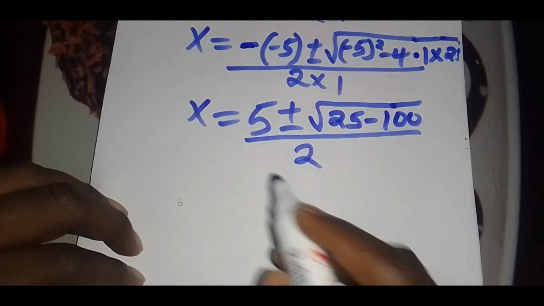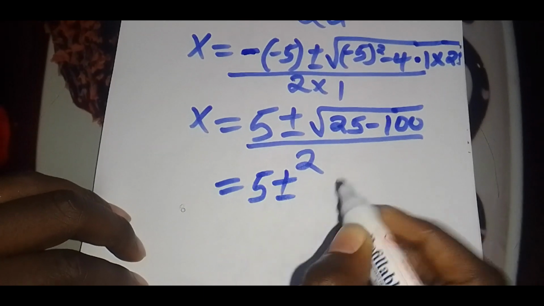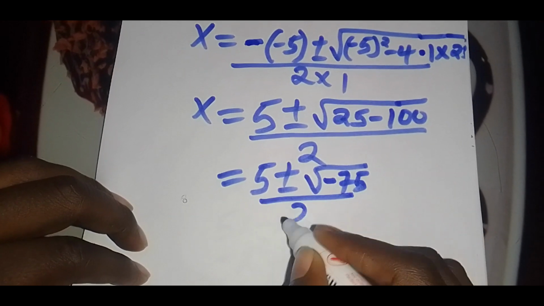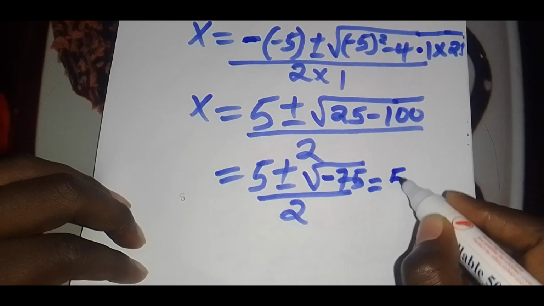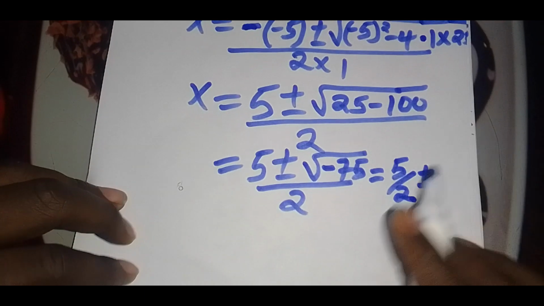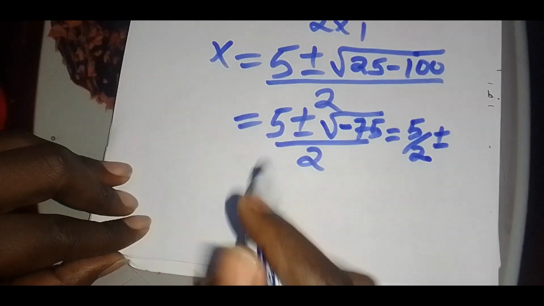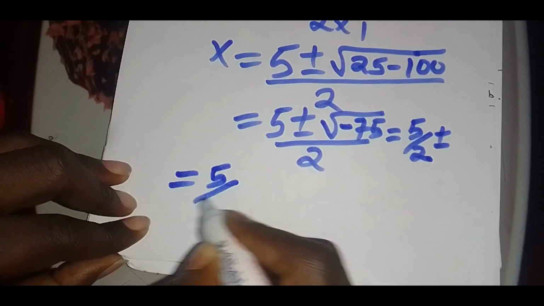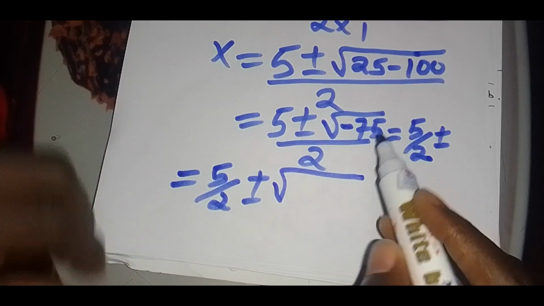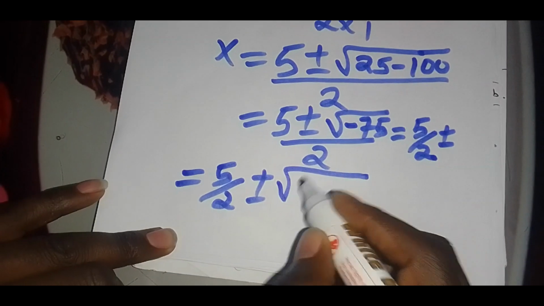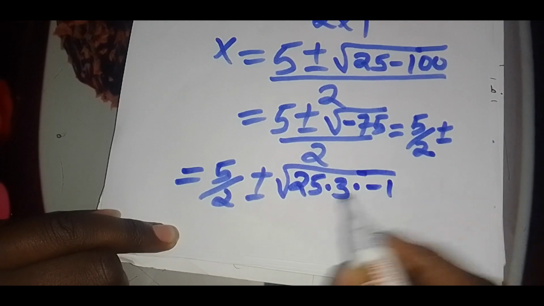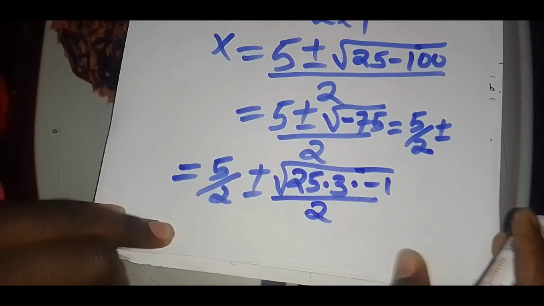So now we have 5 plus or minus the square root of negative 75, divided by 2. This is equal to 5 divided by 2 plus or minus the square root of negative 75, which can be expressed as 25 multiplied by 3 multiplied by negative 1, divided by 2.